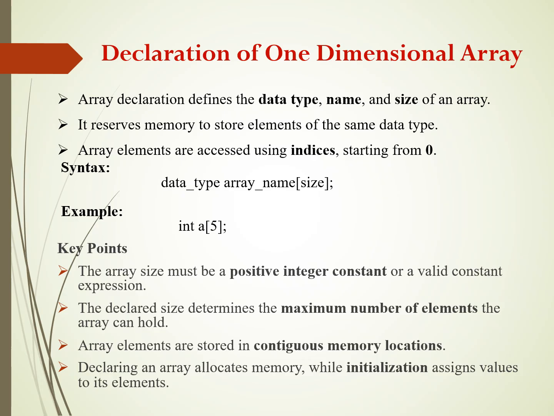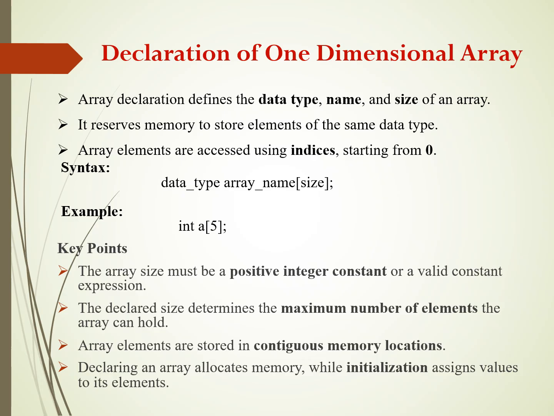The general syntax for array declaration is we have to write down the data type name followed by the array name. And after that, we have to mention the size of the array. The data type specifies the type of element such as integer, character, float, and array name is the name given to the array, and the size indicates the maximum number of elements that the array can store.